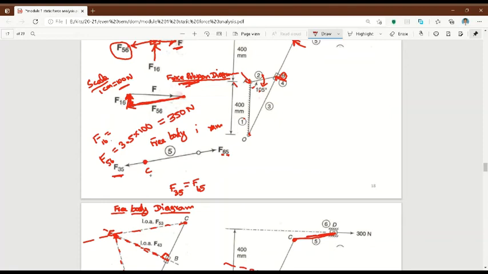Already we have the value for F35. Suppose I got 350 Newton here; I don't know what value you will get, between 300 and 400, and you have to write that value here. F35 is also equal to F53. Keep it in mind.